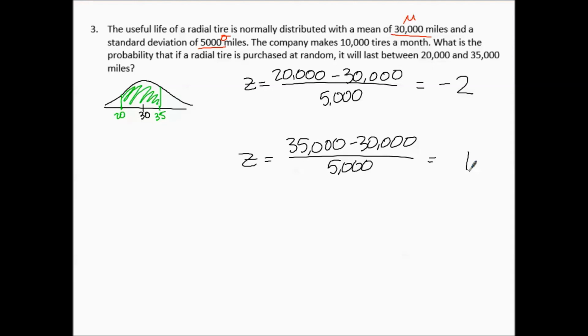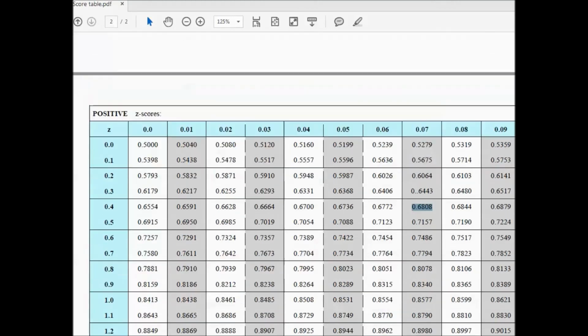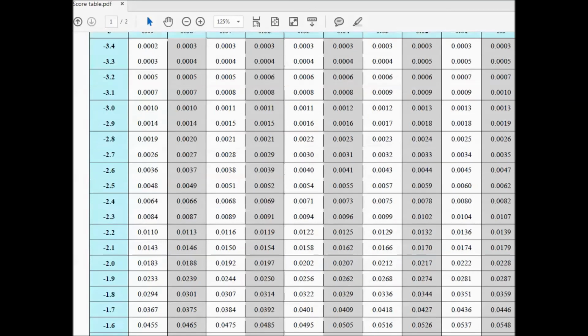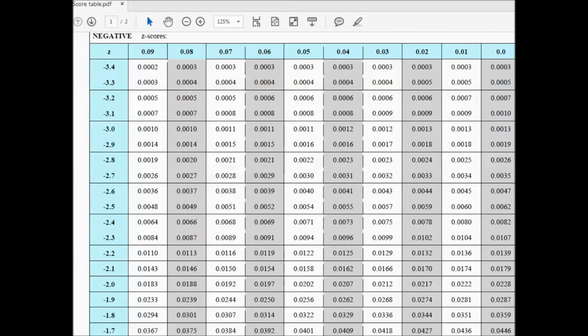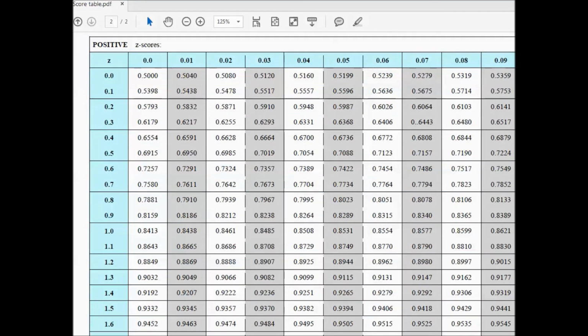Now, because it does not tell me to estimate using the empirical rule, I'm going to look these up in the table. So if I go to negative 2.00, I get that table value, 0.0228. And if I look up 1.00, I get that table value, which is 0.8413.